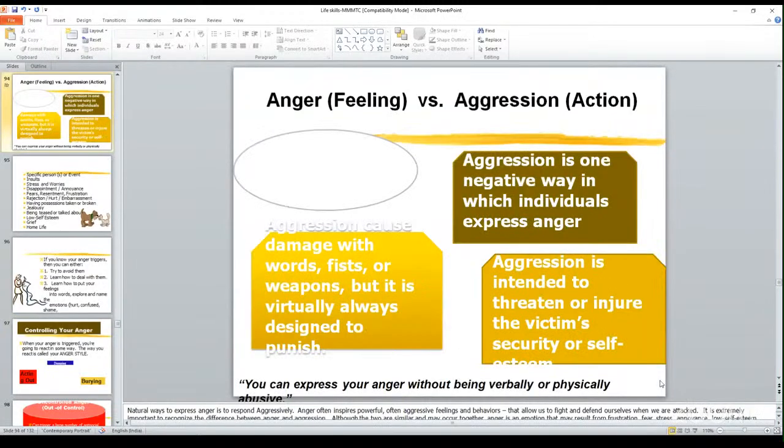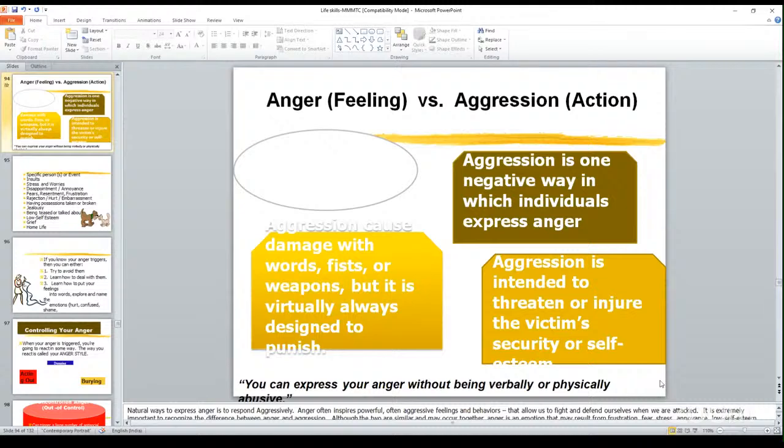Now, usually we say anger and aggression happen simultaneously, or one leads to the other. But remember, aggression is one negative way in which individuals express anger, because one of the negative consequences of anger is aggression. So it can do big damage. Sometimes we call it silent anger. You may not talk, but it will be there inside.